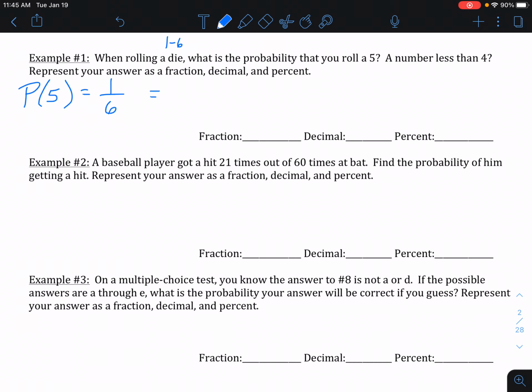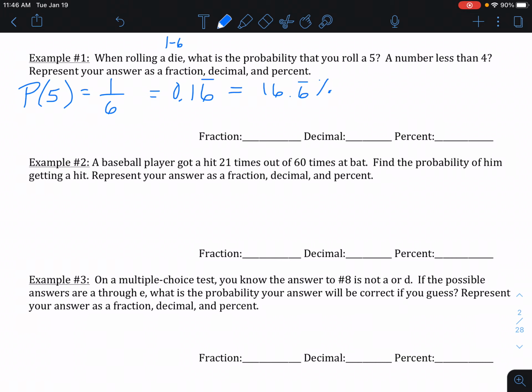You can go to your calculator and do 1 divided by 6, and just be careful with your rounding. It could be 0.16 repeating forever, or if you want to round, 0.17. And then a percent could be 16.6% repeating, or you can even round it up to 17% if you want.